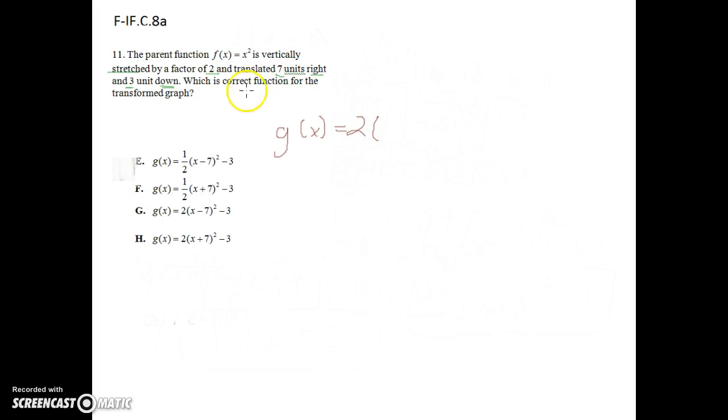In parentheses is left and right, so we're going right, so it's going to be x minus 7, because minus tells us it goes to the right. And then it goes 3 units down, so minus 3. So again, we check which one matches ours. That's got a 1/2, that's got a 1/2, that's got a minus, that's got a plus. So our answer is G.